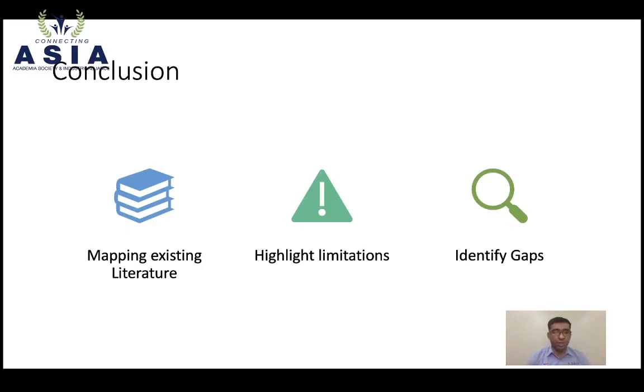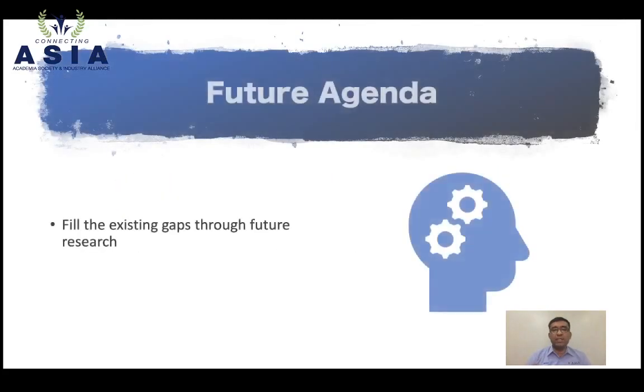Okay, so you need to write on identifying the gaps. So try to identify the different gaps, maybe 2, 3, and then these gaps would be your future agenda. So you try to fill up these gaps, and these gaps can act like a future agenda for the future researcher. So that is how you construct your literature review article very easily.